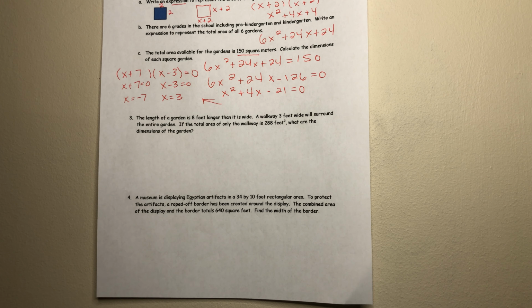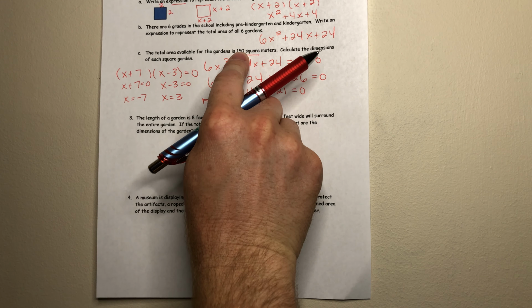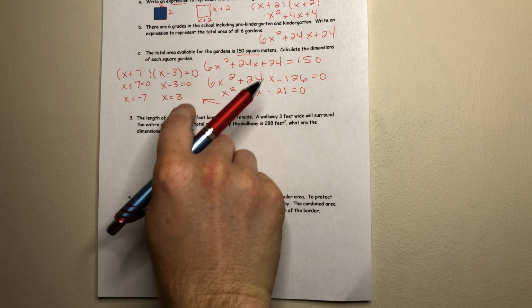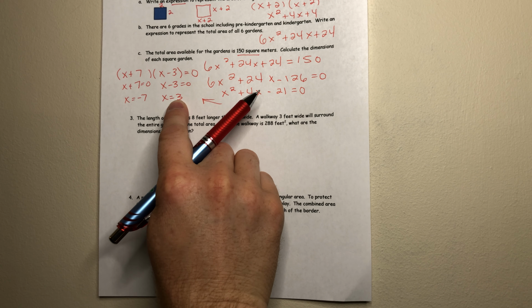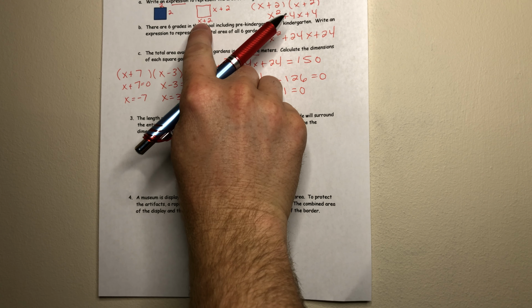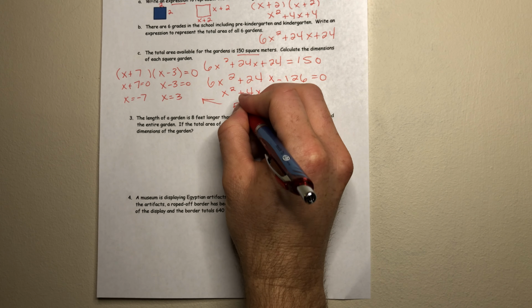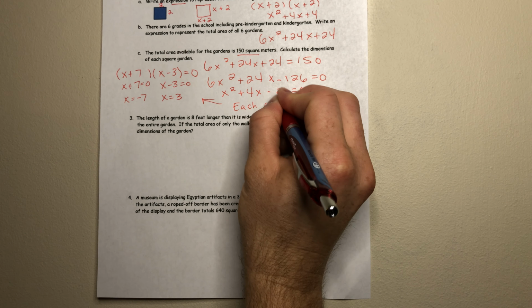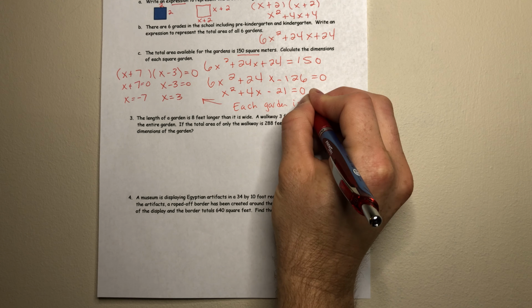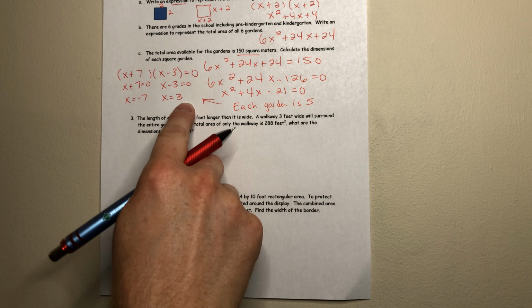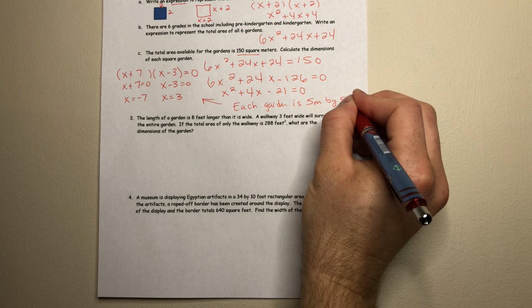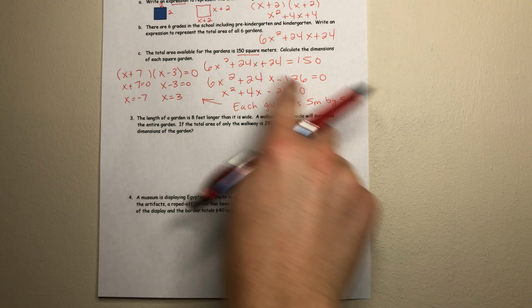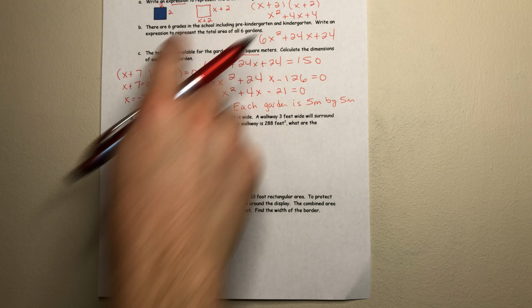Maybe he just wanted to know what's the amount I can add so that I take all 150 square feet. Well, we can use math to figure out that missing number, and that missing number is 3. So we're going to increase by 3, so each garden is 5. Actually, it's not in feet, it is in meters. 5 meters by 5 meters. Remember, they are squares. 3 plus 2 is 5.